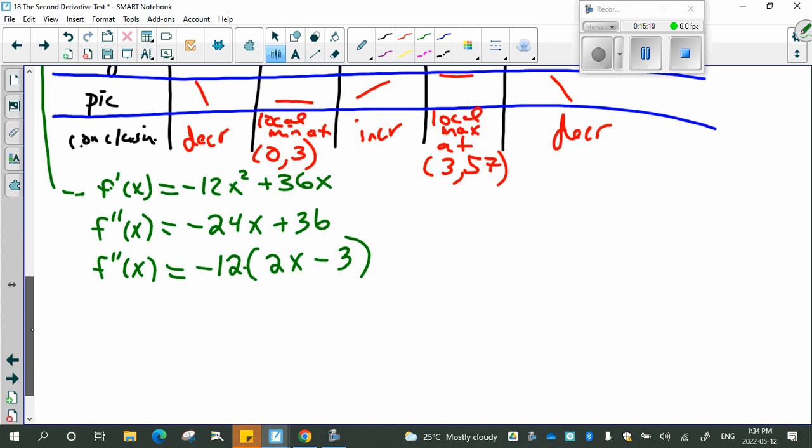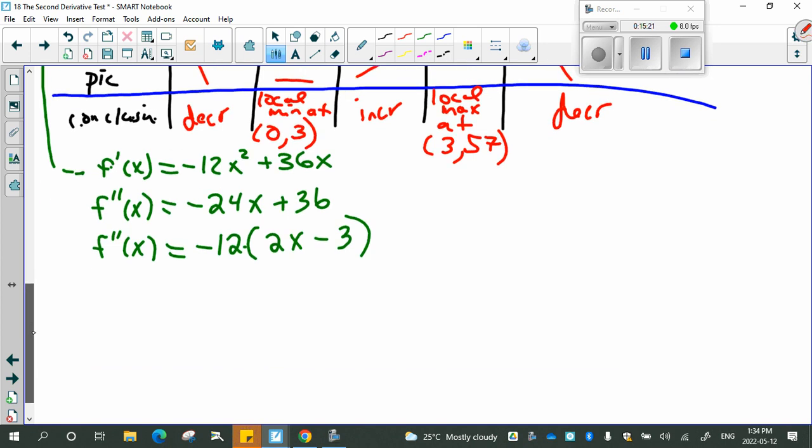And then I want to see where the second derivative is 0, because that's where we have a point of inflection. So negative 12 is not going to give me anything.